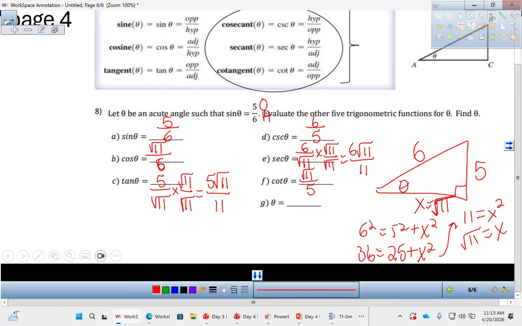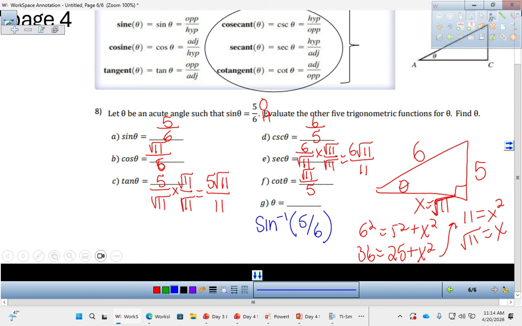All right, and then finally we want to find theta. Now, to find theta, I could use sine, cosine, or tangent, but look at them. The cosine and the tangent both have square roots in them, which makes them a little more complicated. So I am going to use the sine. It's much easier to type in 5/6 than root 11 over 6 or 5 root 11 over 11.